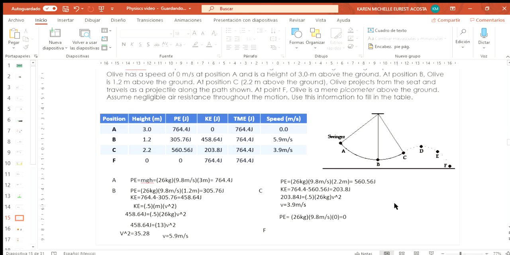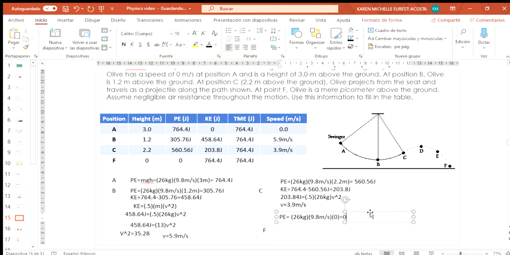And for the speed, we have to get it by replacing the values: 764.4 equals 13 times V squared.